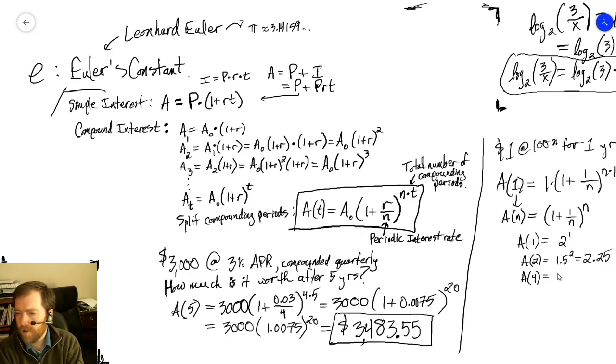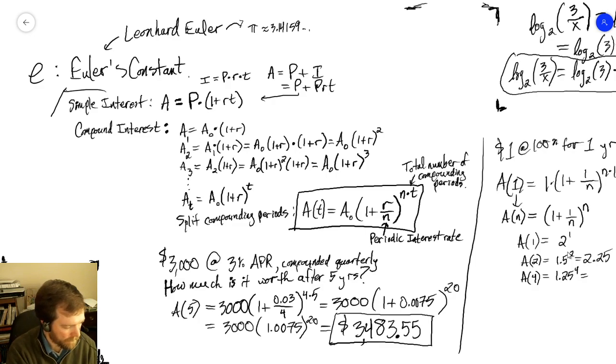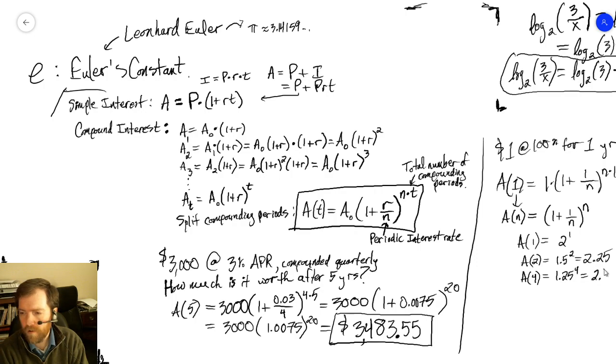A of 4 is going to be 1.25 raised to the fourth power, which is 2.44140625. That's all you really need to see. 2.44. All right, it's increasing.